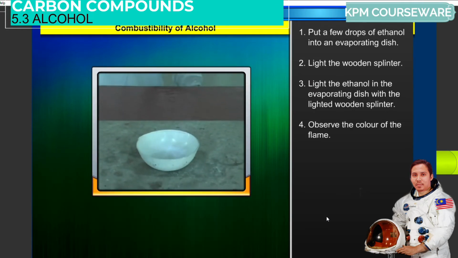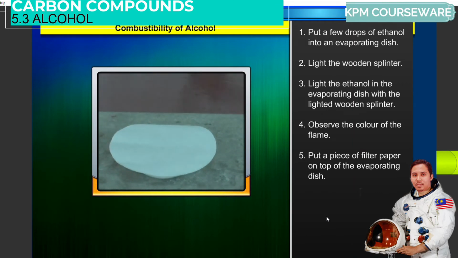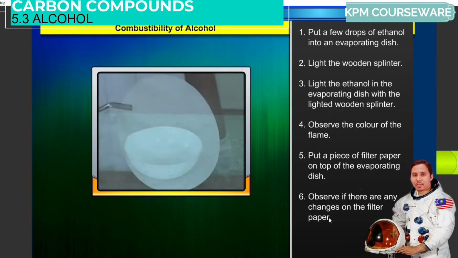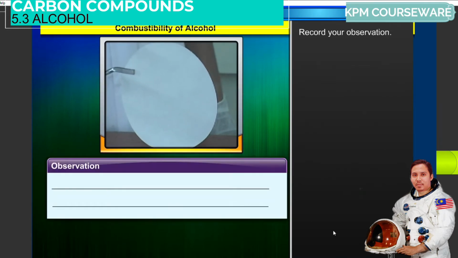Observe the color of the flame. Put a piece of filter paper on top of the evaporating dish. Observe if there are any changes on the filter paper. Record your observation. Click Check Answer to compare your answers.